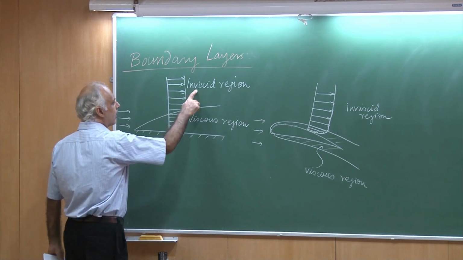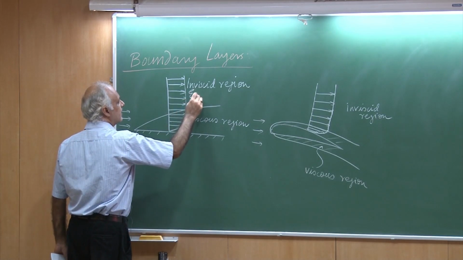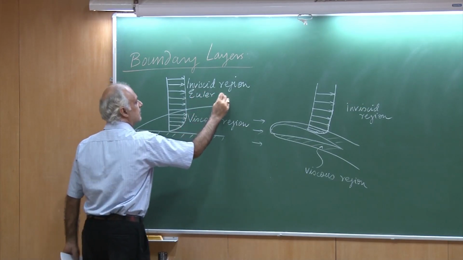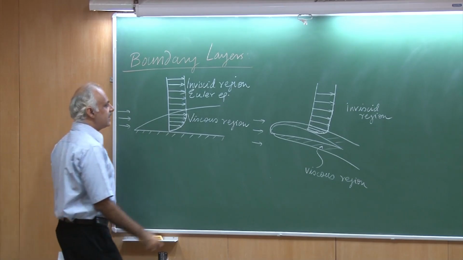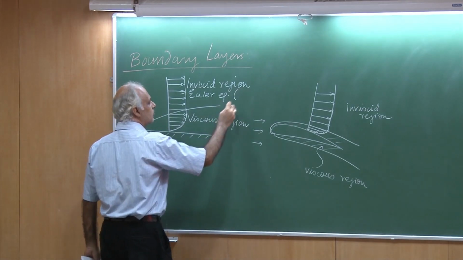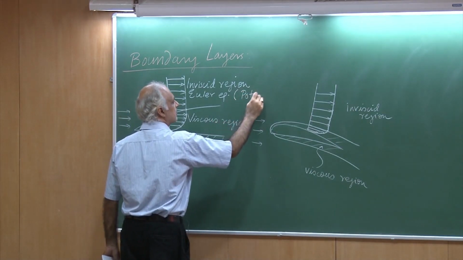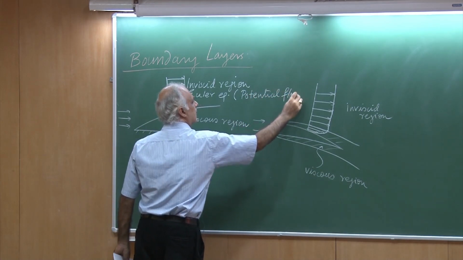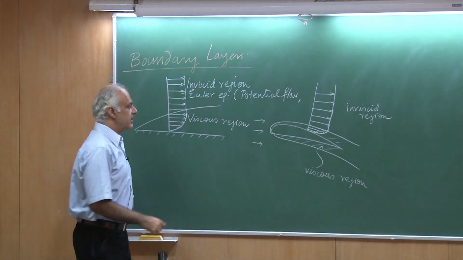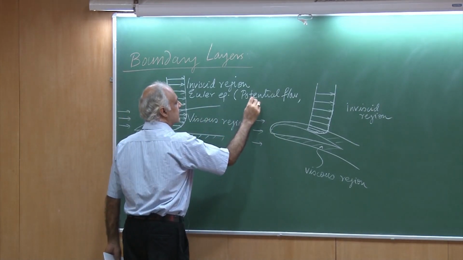We perhaps could model the inviscid region by the Euler equations, which are for inviscid flows. And these, of course, could be simplified to potential flows if I can further show that this flow is irrotational.